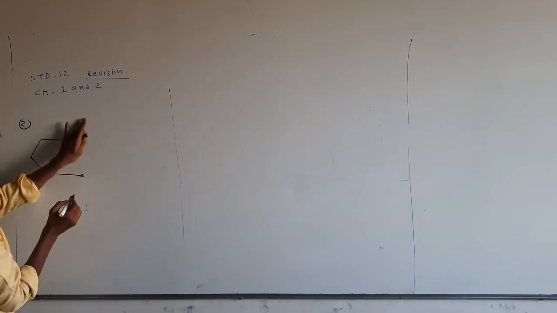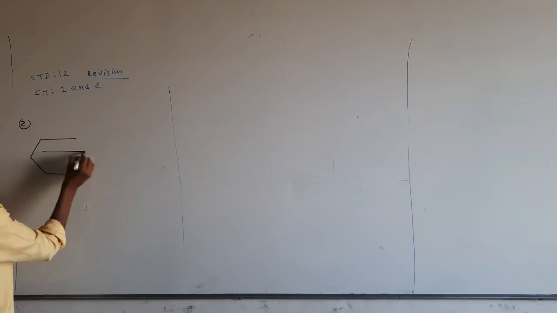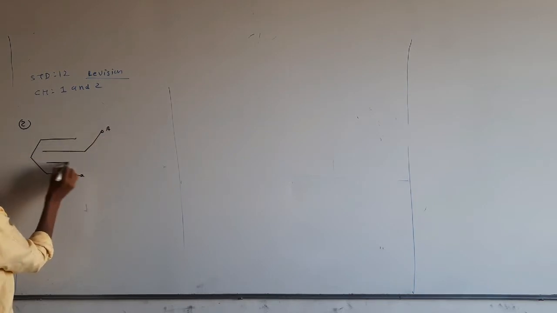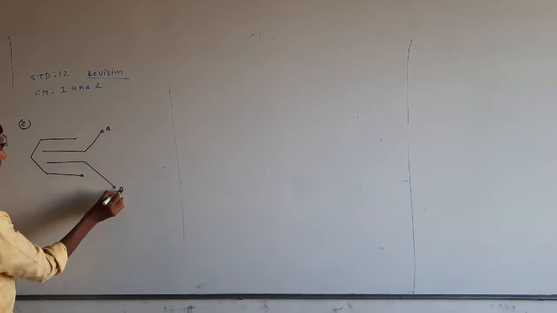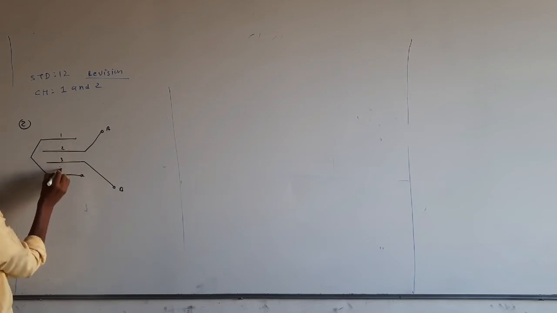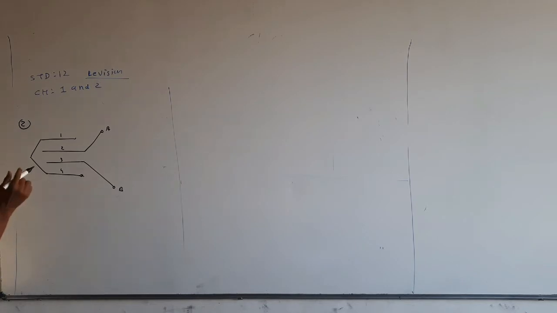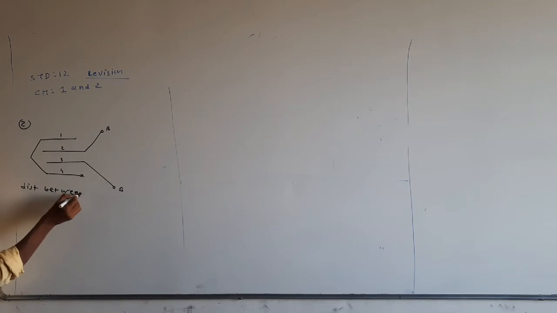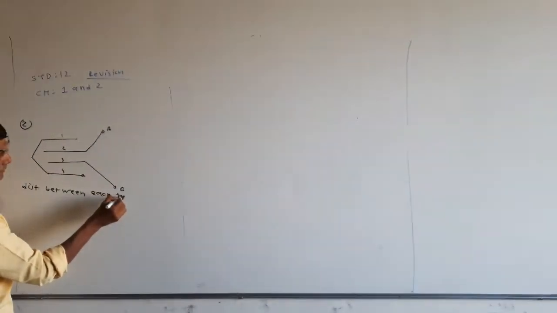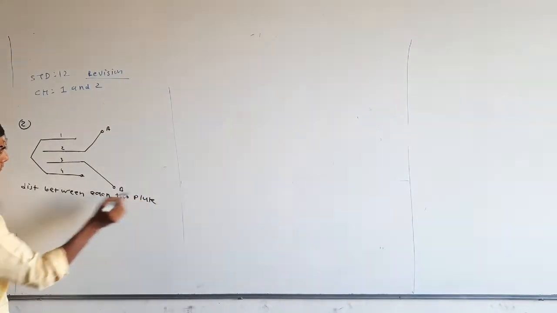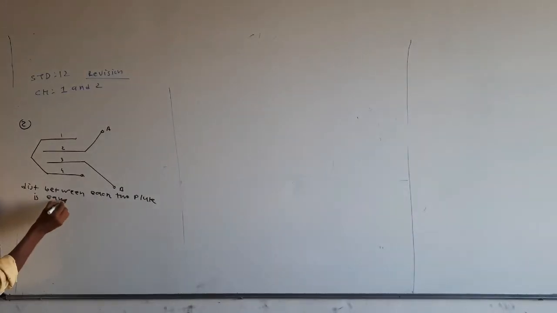See, the question is like this. There are 4 plates here. The distance between each two plates is equal. We have to calculate the equivalent capacitance of the system.